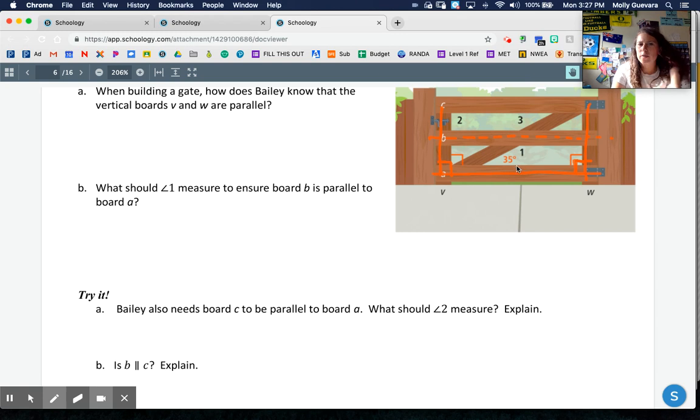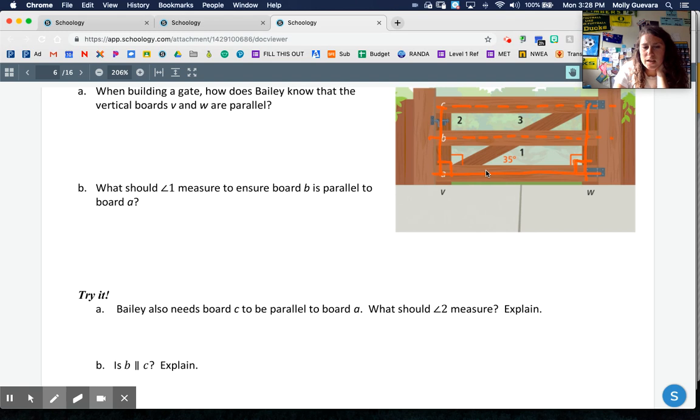Okay, I know that if angle 1 is 145, then these lines are parallel, but I'm not told that angle 1 is 145. Same thing with 3, same thing with 2. I'm not told what those angles are. So I actually have no way to figure out if B and C are parallel to each other.